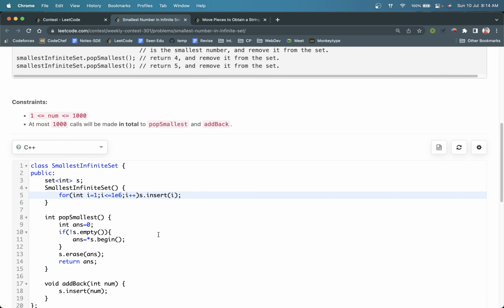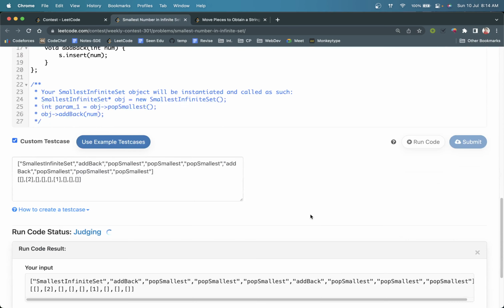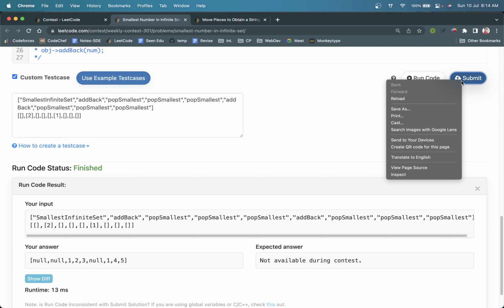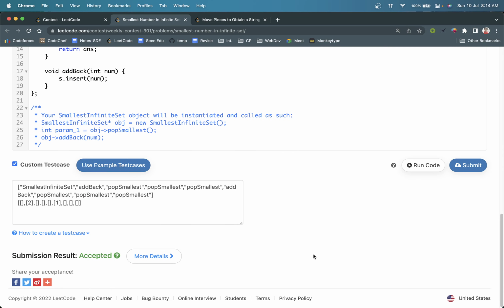So it's better we use an ordered set, because if we are making 1000 calls, then we are removing 1000 such elements. Accepted.